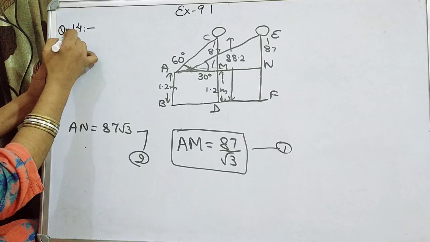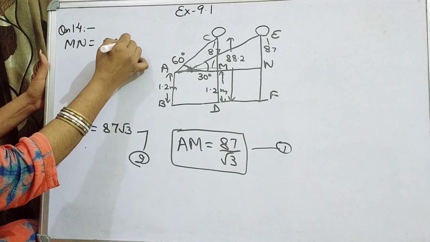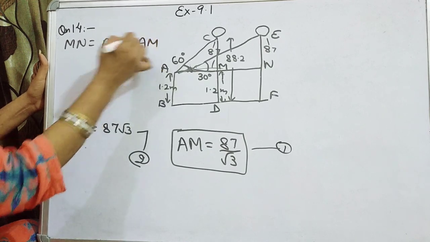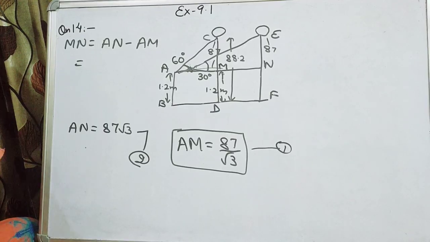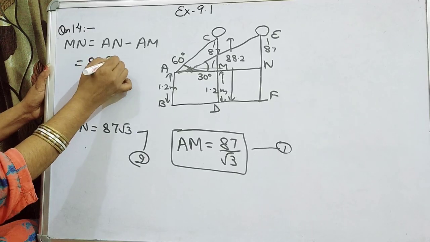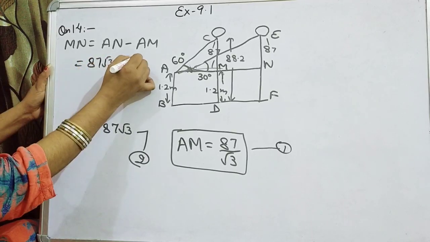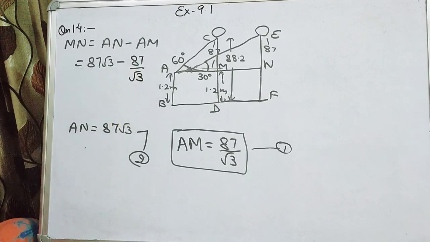So MN is equal to AN minus AM, and from 1 and 2, I have the values of AN and AM: AN is 87 root 3 minus AM, which is 87 by root 3. Now how can we solve that?